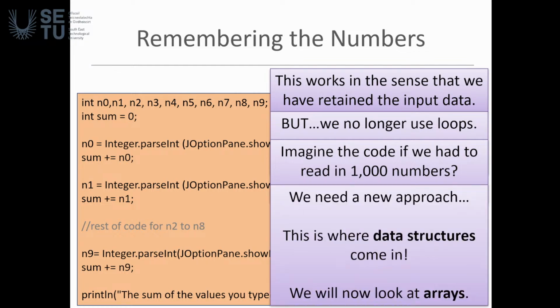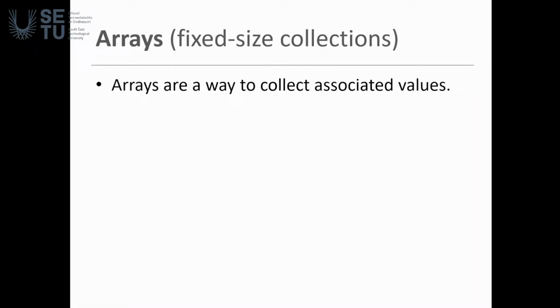So we need a new approach, and that's why we're looking at arrays. Arrays are a way to collect associated values. In the heading it said arrays are fixed size collections. What that means is at the start, when we create the array, we create it to be a specific size, and then we're able to put the information in.